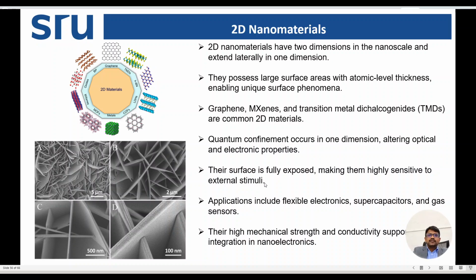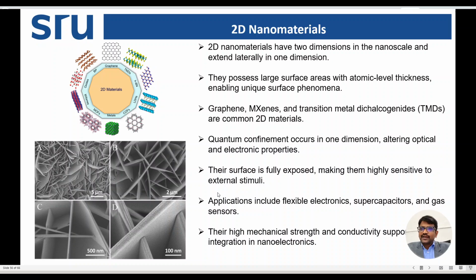Because of the high surface area and the layered structure, most of the atoms come onto the surface, so we have more active centers to participate in a reaction. That's why it reacts immediately, because most of the atoms are at the surface level, so the surface is fully exposed.